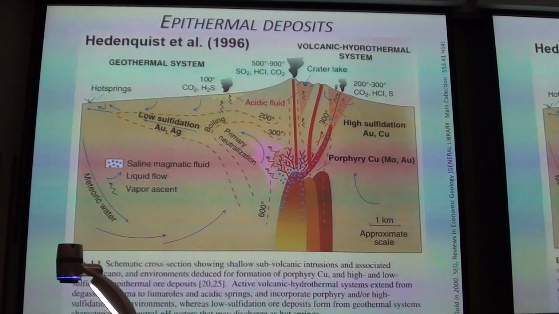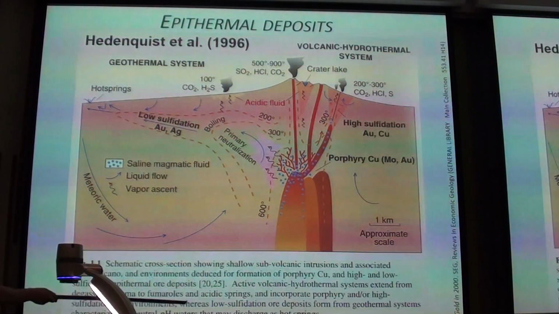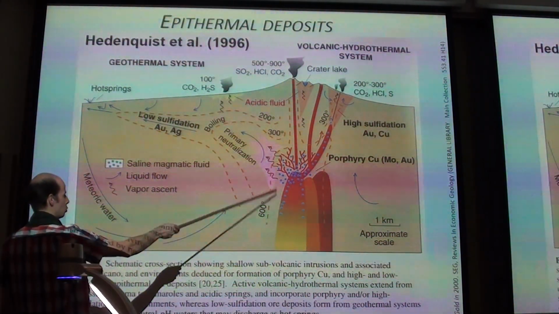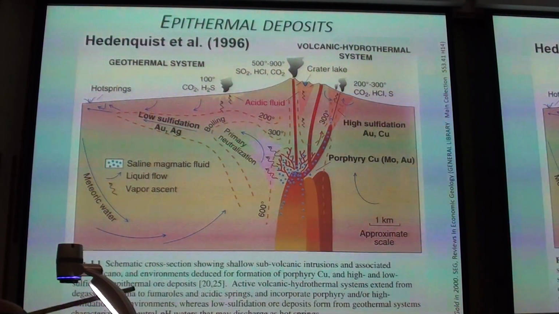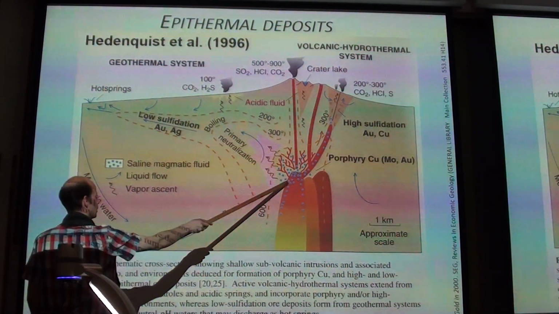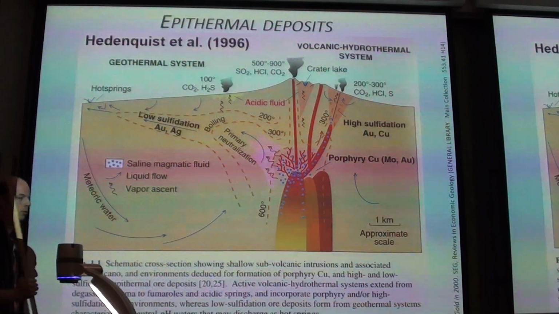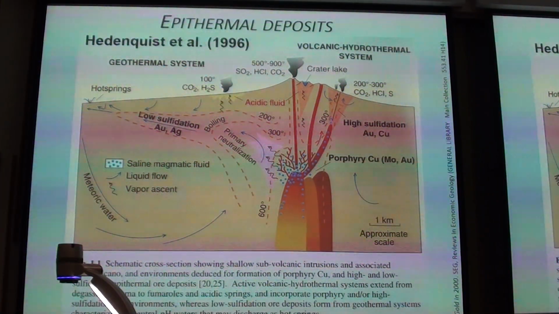And this is just a schematic diagram to illustrate how epithermal systems relate to porphyry systems. So we have a volcanic system, an intrusion at depth, where the fluids dissolve from the magma. We might have these proximal systems that form porphyry vein and disseminated ores.